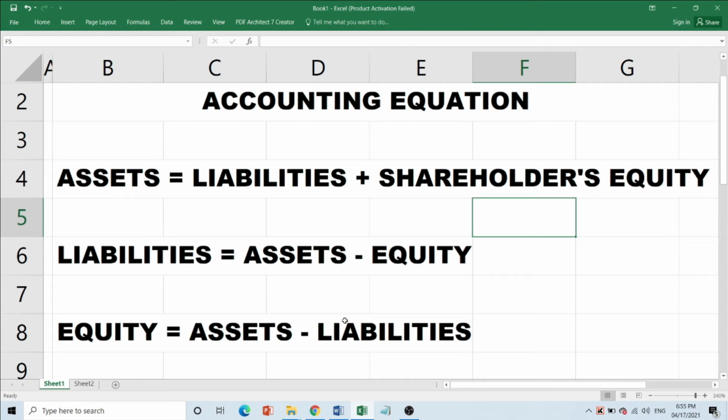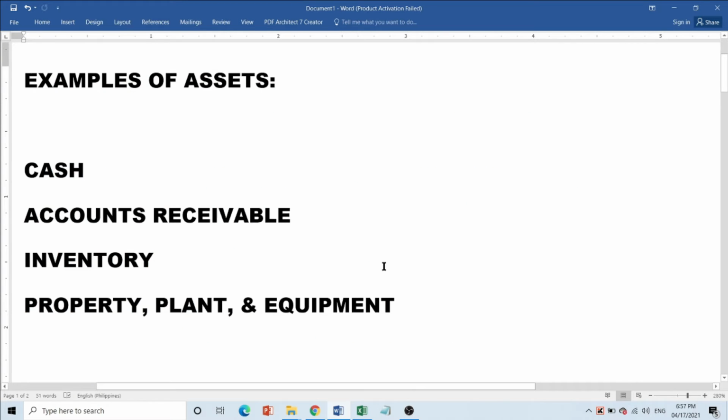The accounting equation can be like this. Assets equals liabilities plus shareholders' equity, or liabilities equals assets minus equity, or equity equals assets minus liabilities. Okay, what are the examples of assets? We have here cash, accounts receivable, inventory, property, plant, and equipment.